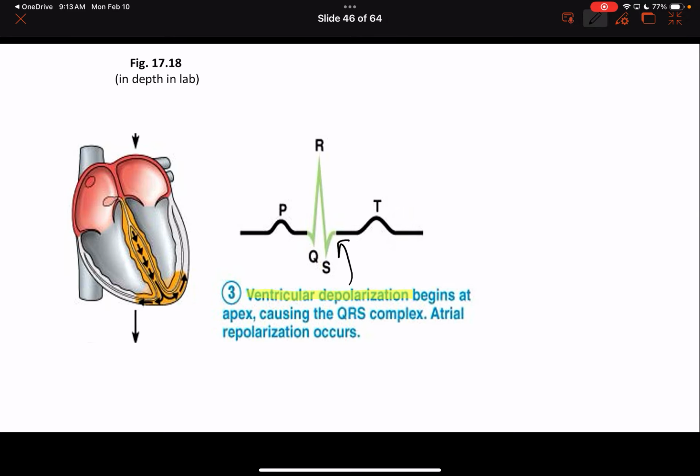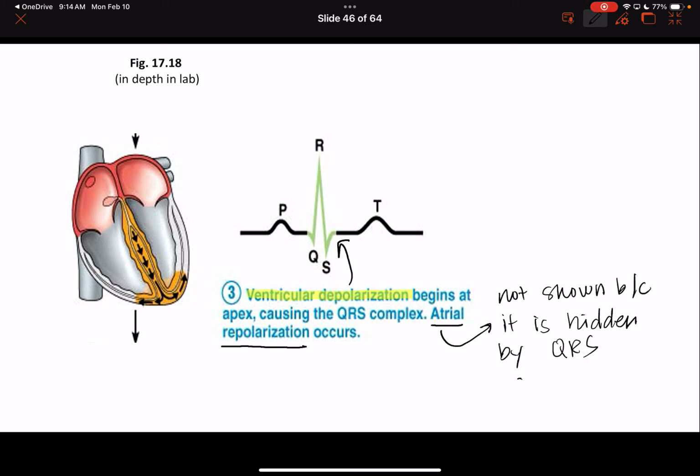Now, during the same time, atrial repolarization is occurring. We're coming back down on that action potential, but it's not shown because it is hidden by the QRS complex.